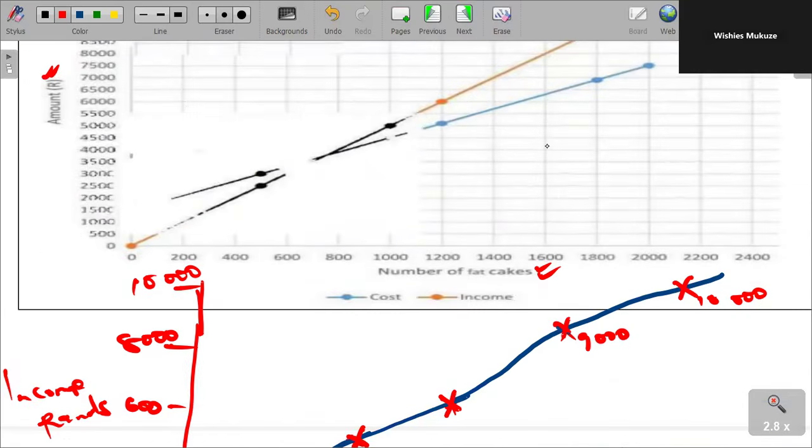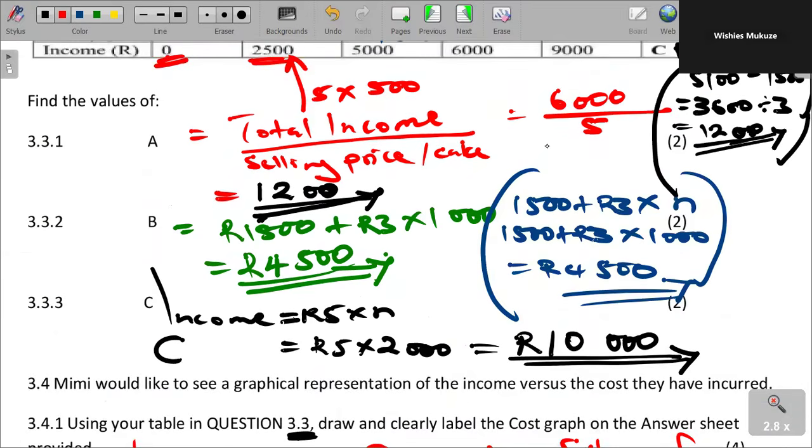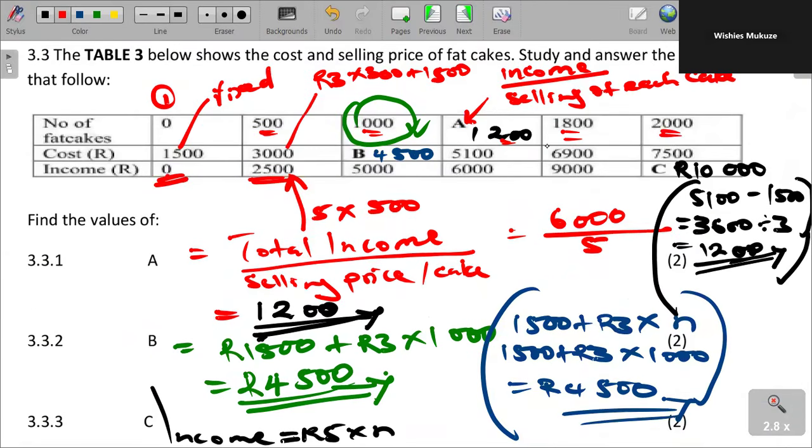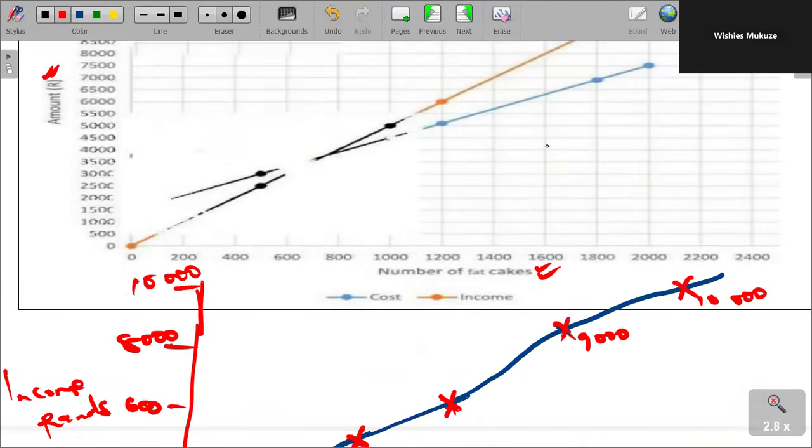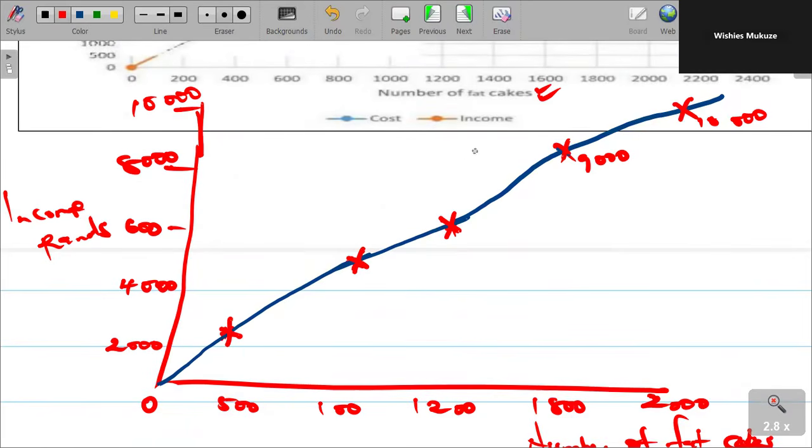So we have 9,000, 6,000, 5,000, and then 2.5. This is the income. My income is blue.